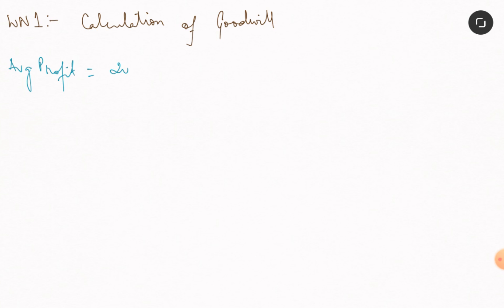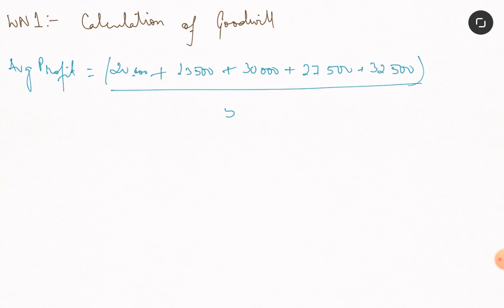So 20,000 plus 23,500 plus rupees 30,000 plus 27,500 and 32,500, and entire thing divided by 5 will give you average profit of rupees 26,700.